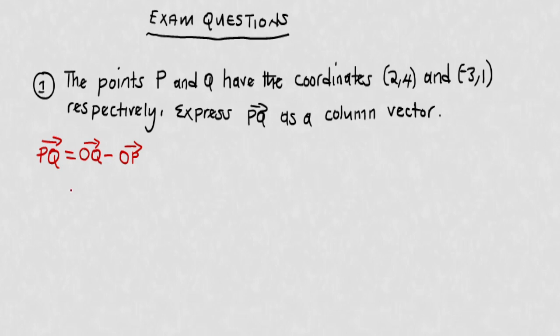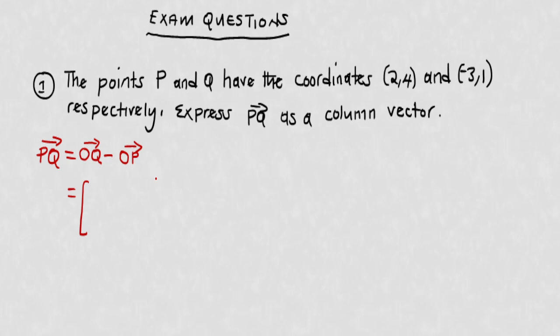Now in this case, do we have OQ? We've been given the coordinates of P and Q. The coordinates of Q give OQ because it starts from the origin.